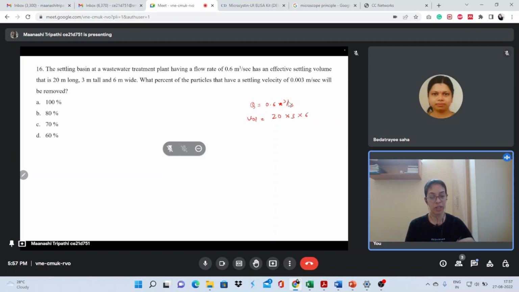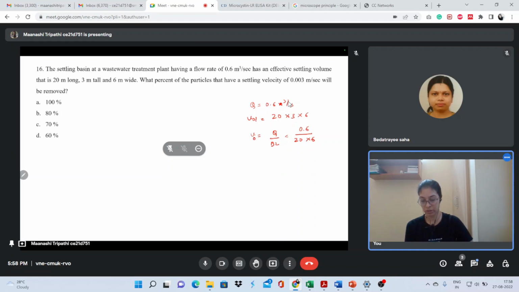What percent of particles that have this settling velocity will be removed? So first of all, we need to find the overflow velocity. What was the formula? Q upon BL. Depth will not be considered. So that will be 0.6, L is 20 and B is 6. From this we will find out V naught.